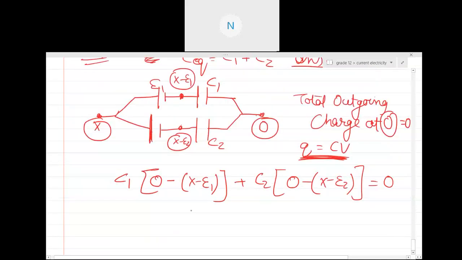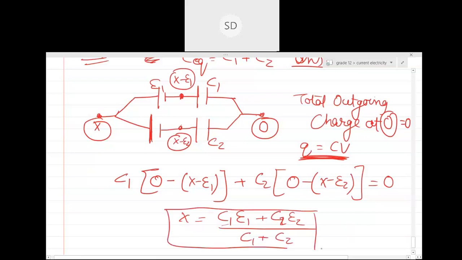When you solve this, you'll get x is equals to (C1 E1 plus C2 E2) upon (C1 plus C2). So basically, this will be your E equivalent. Any doubt in this, guys?